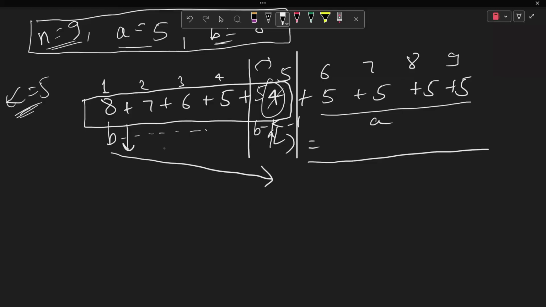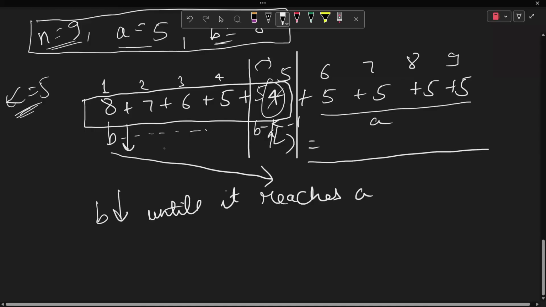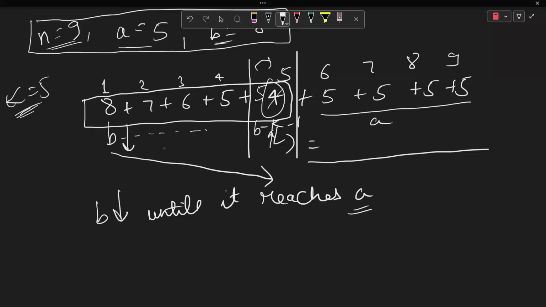So this would have given me more profit. So we would reduce this B until it reaches A.